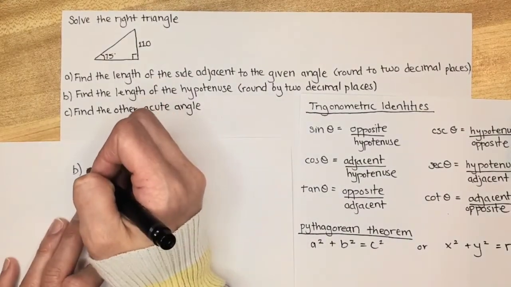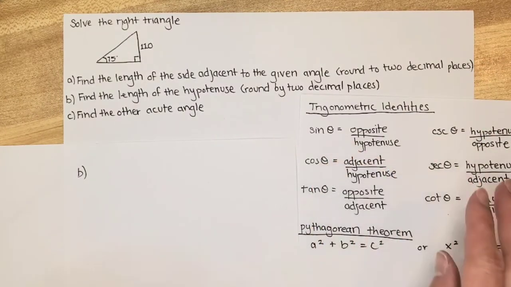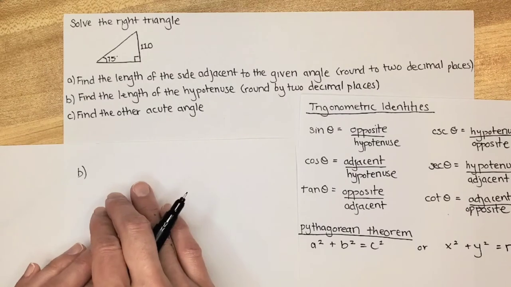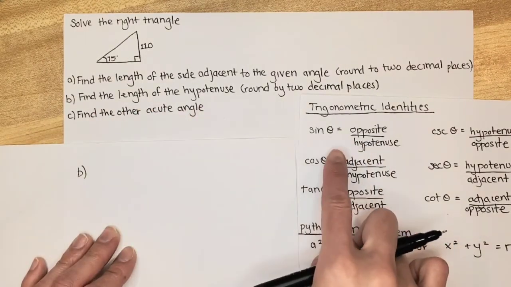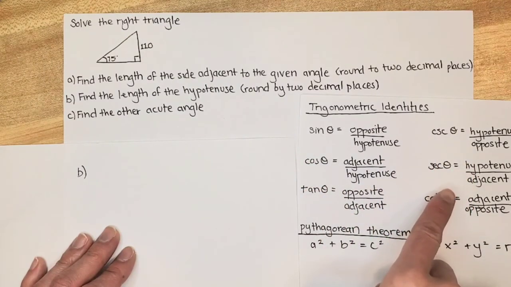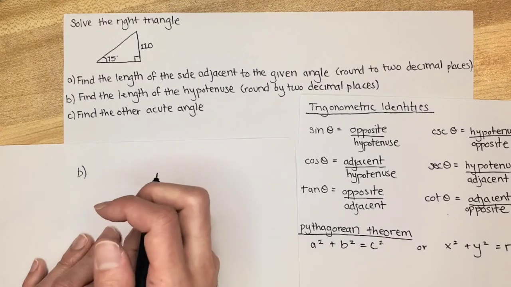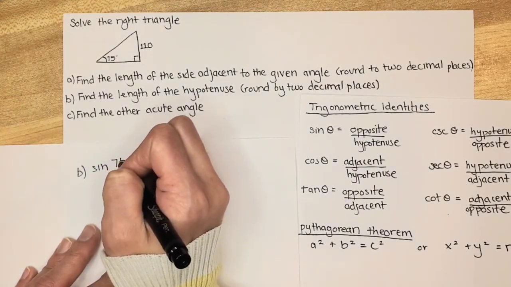When we're trying to solve, we need to figure out which trigonometric identity is best to use in order to find the length of the hypotenuse. Technically, we could use sine, cosecant, cosine, or even secant to find this hypotenuse value, but I'm going to use sine just to keep it simple.